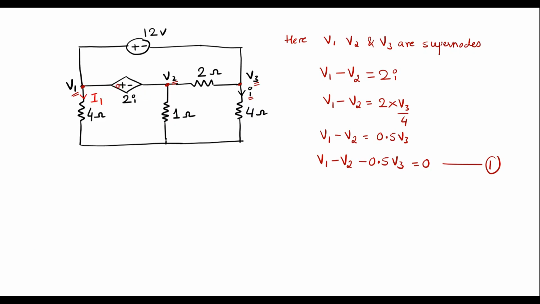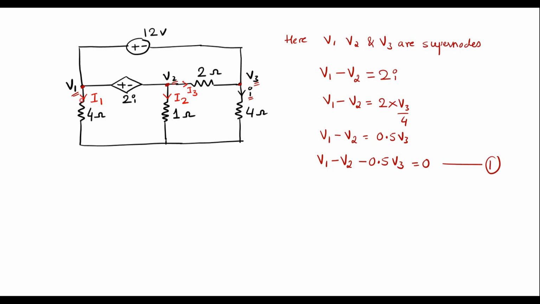Here there is a voltage source. Let current through this branch be I2. Anyhow, current I is flowing here. So at node V1, I1 is the current which is outgoing. At node V2, I2 is the current. Here let current through this branch be I3.